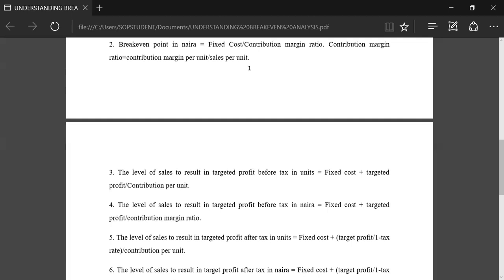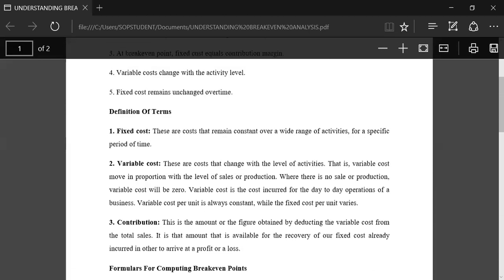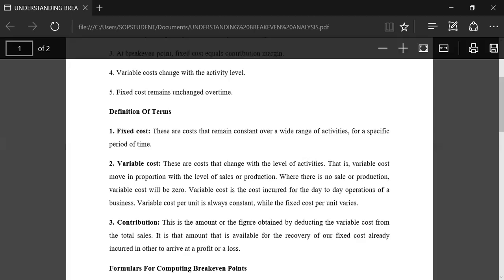The application of these formulas will help the business to determine that and to work towards achieving it so that the business doesn't make a loss. Rather, the business stays afloat making profit because you already ascertained the break-even unit, the break-even in value in naira, and worked towards it. Thank you.